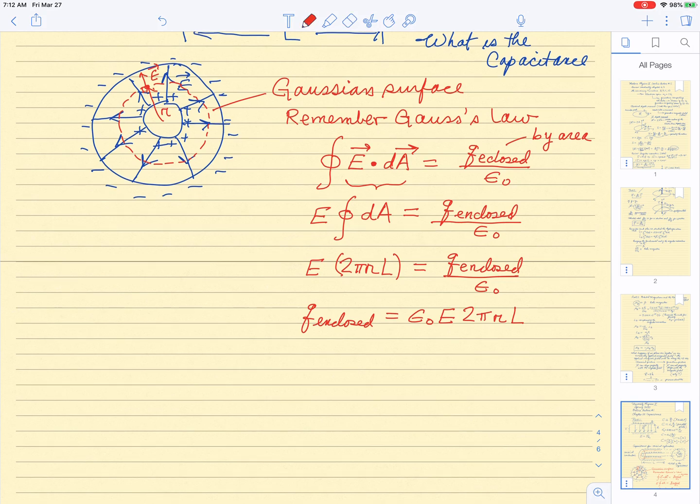So that's going to be pi. There we go. Okay. And likewise, the electric field at that distance r from inside from the positive conductor is going to be Q enclosed by that Gaussian surface divided by 2 pi epsilon 0 L times r. Okay, beautiful. All right.